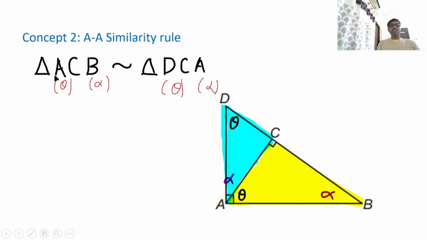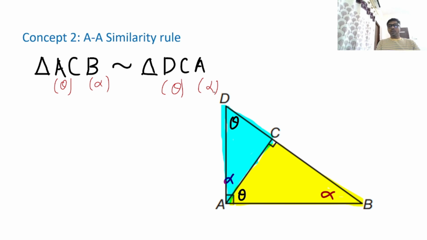So when A starts here, you should start with D here, because both of them correspond to the same angle. C is the right angle in both cases, and in the lower triangle B has angle alpha, and in the upper triangle A has angle alpha. So they are the last letters we are supposed to write. That order is also important when you are writing the similarity rule.